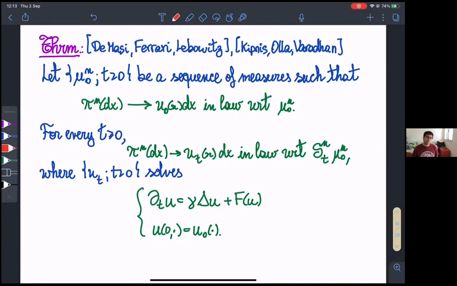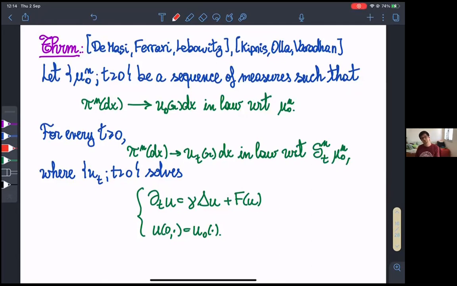Okay, so if the random variable pi n, the empirical measure, converges in law to this u0(x) dx with respect to mu0 n, which is the initial condition of our reaction diffusion model, then the same is true for any later time t. Okay, so you also have convergence in law, but of the same random variable.